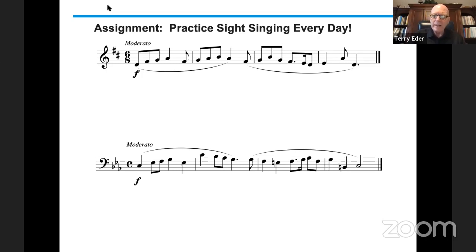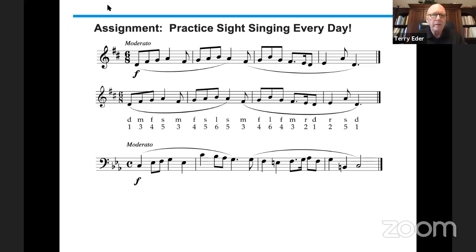So I gave the solfege and the scale degree numbers for this particular melody. And so I'll give in treble clef, here's my D, and it would go like this, solfege first.